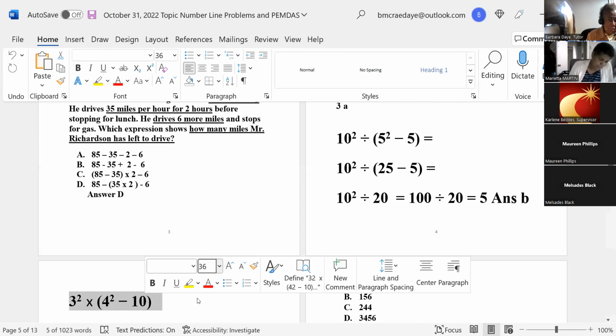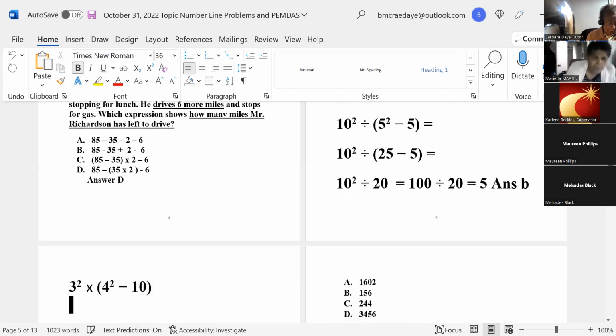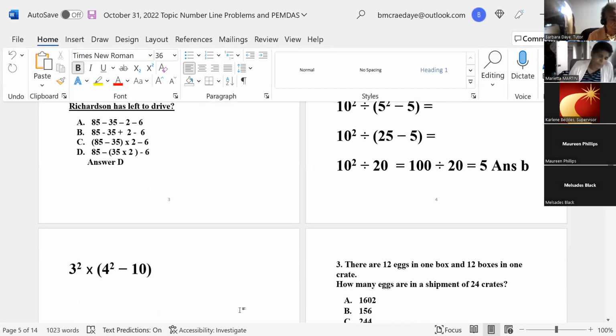Okay, can you see it now, Marietta? Yeah. Where are you? I'm over on the other side now. Okay, Maureen, what did you do first? You do the parentheses first. Okay, so you did the parentheses first. Let's copy that.